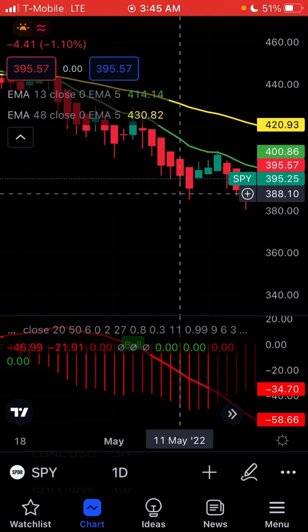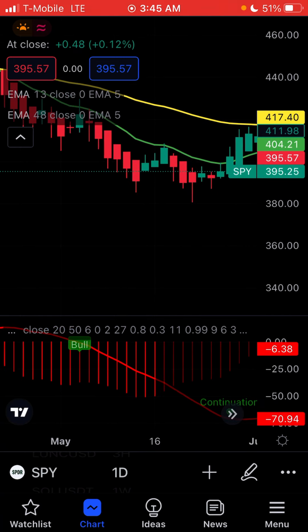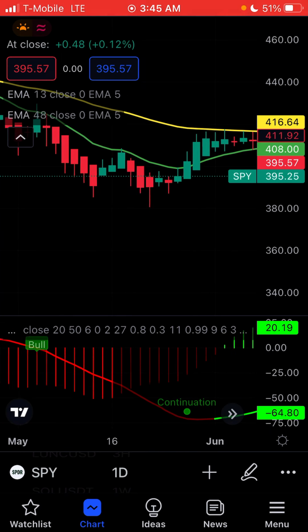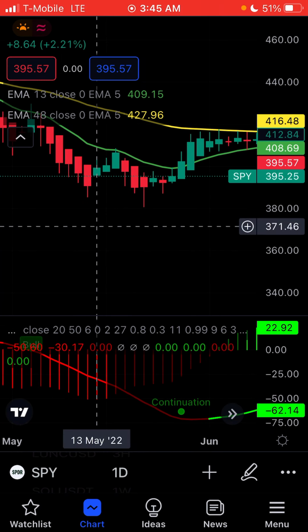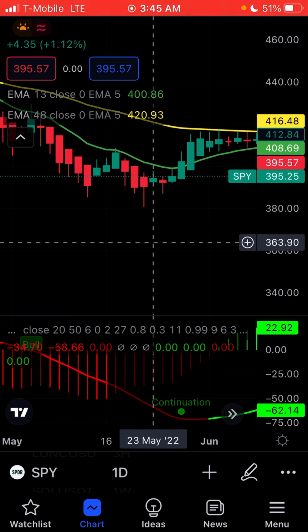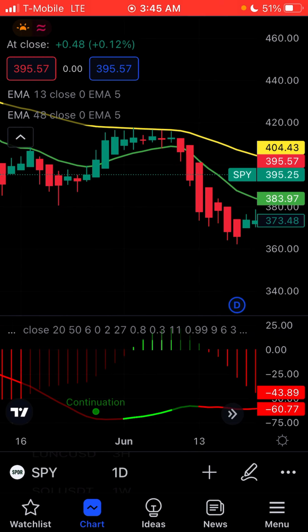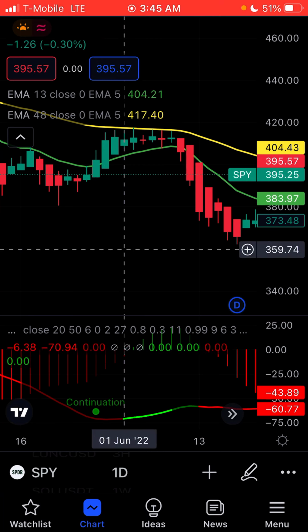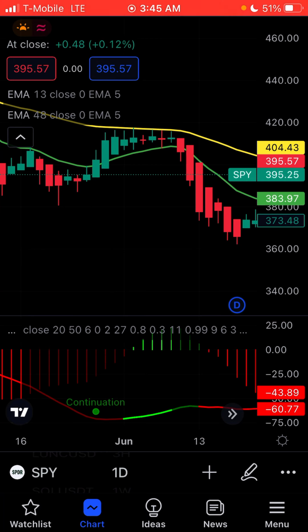But the second it starts going into a darker red, it starts going back up, as you can tell. And when it gets into light green, it signals that it's going to go up. But the same thing with the dark red: when the green turns into a dark green, it means it's going to start to go down.